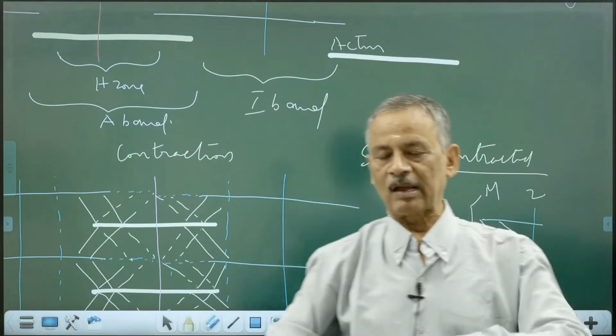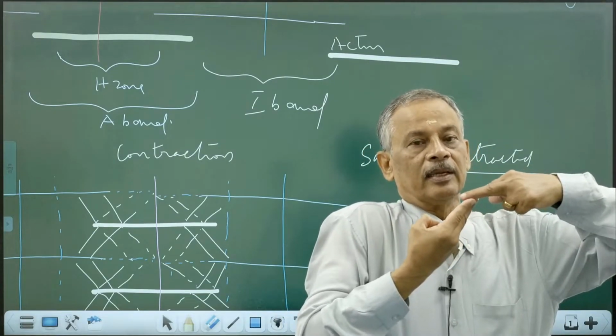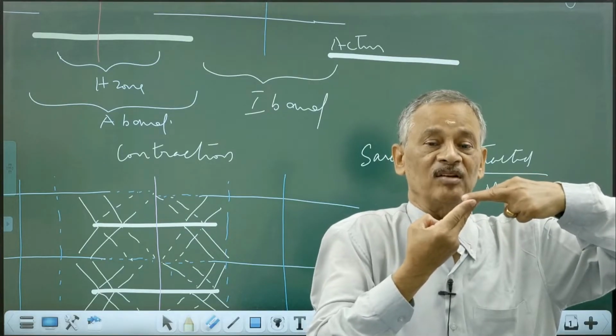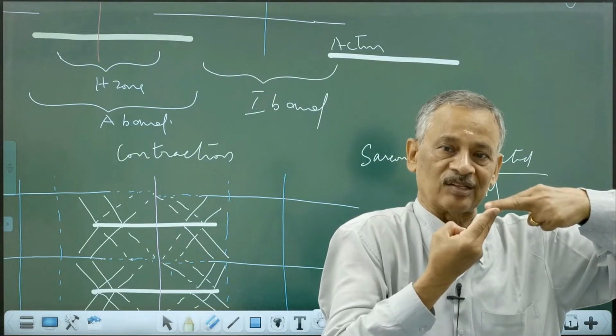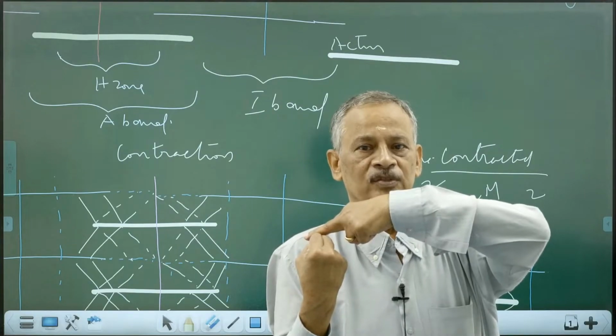When it is contracting, what is happening? The thick filament is connected to the thin filaments through the cross bridges. Cross bridge is moving to the opposite direction, that is contraction. It is pulling the thin filaments.